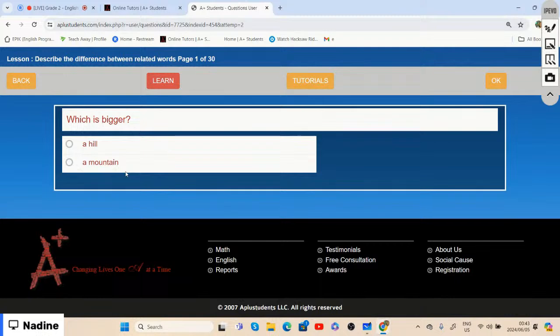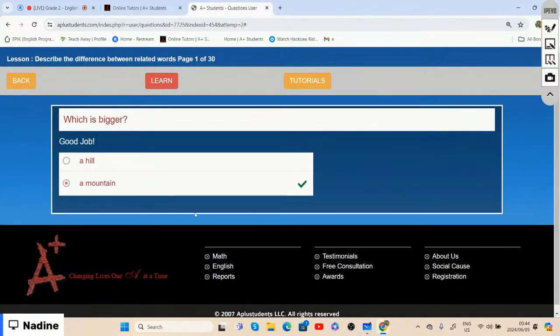All right, and if we were to say which one is bigger, then yes, definitely a mountain is bigger, right? So well done.